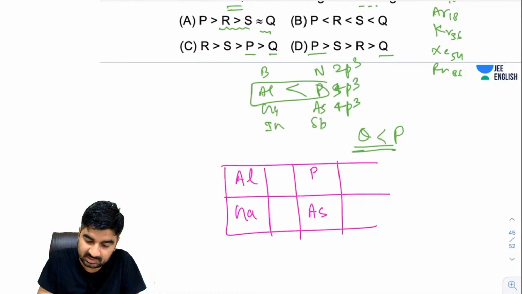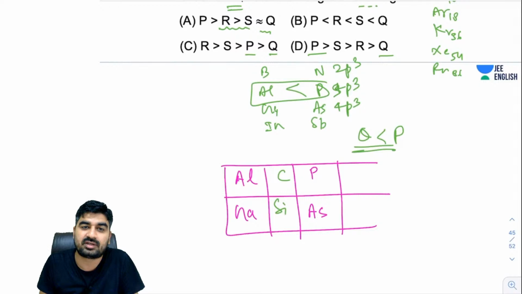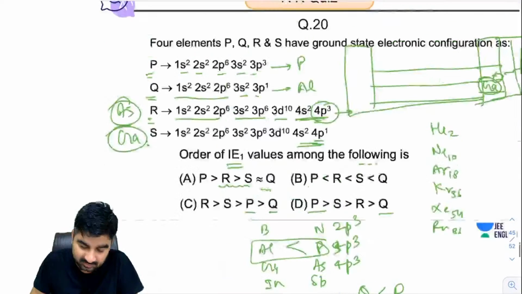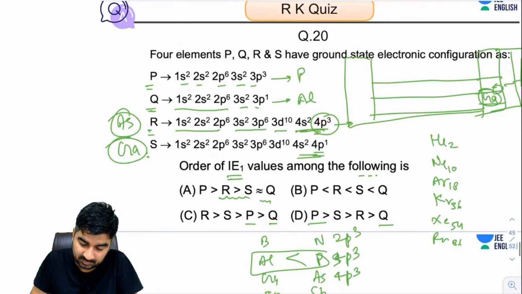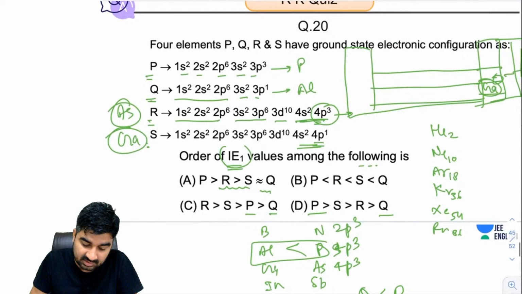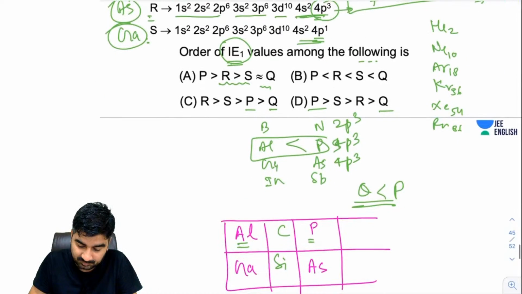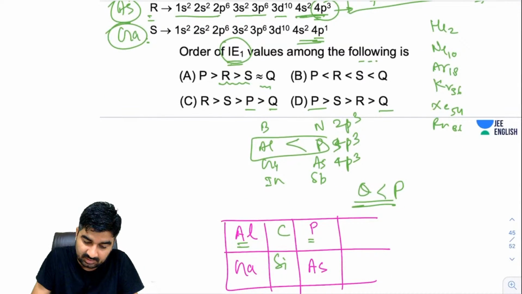We have to compare these pink ones. Here we will get carbon and silicon, but we don't need to compare them. So out of aluminium and phosphorus, they are asking ionization energy. Which will have the largest ionization energy? It is phosphorus.